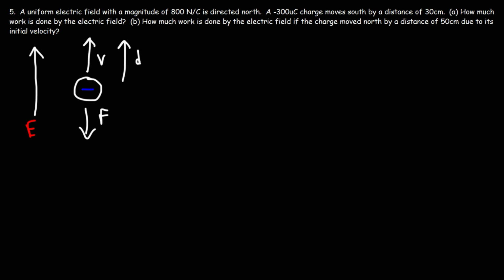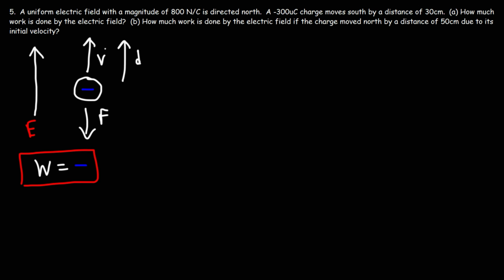So let's calculate the work done. Now, would the work be positive or negative in this case? Because the force vector and the displacement vector are opposite, we should get a negative sign for work. The work done by the electric force is going to be negative. Notice that the electric force is not accelerating the negative charge, it's slowing it down.